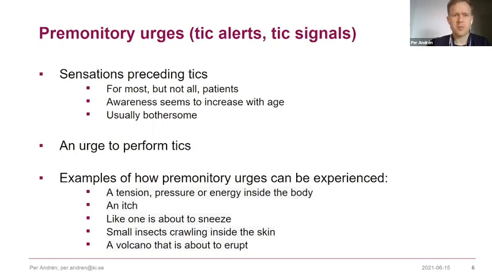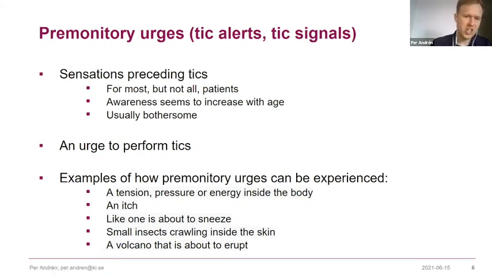And here are some examples of how the premonitory urges might be experienced. These are sentences said by children, and it could be a tension or a pressure inside, energy inside the body that needs to come out.